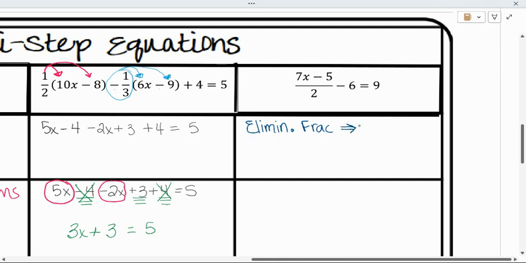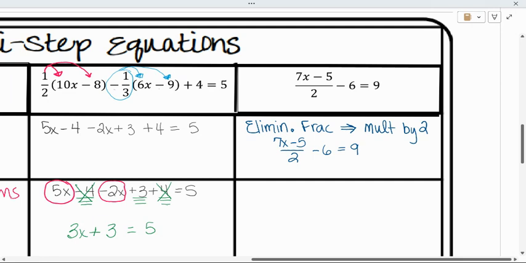I'm going to draw a little arrow that says multiply by what, Lissandro? 2. Just 2 over 1. Yeah, good job. So I'm going to write that out so I can see it. So I have 7x minus 5 all over 2 minus 6 equals 9.